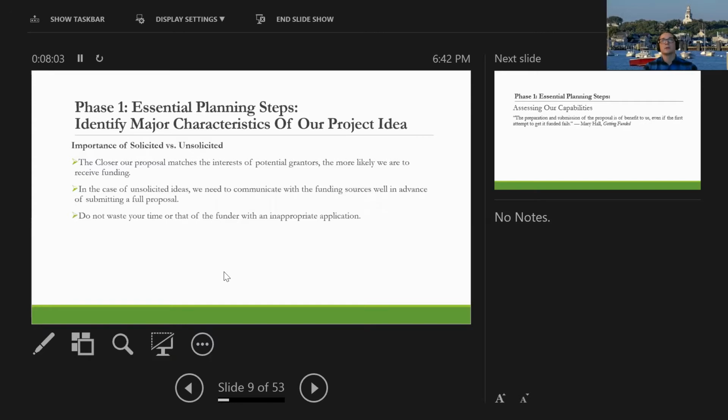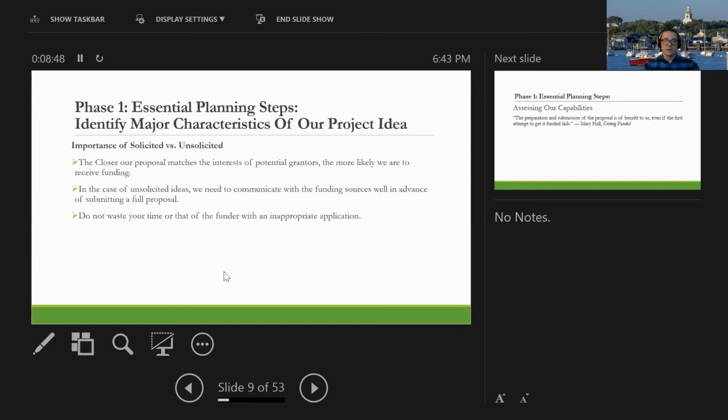If you haven't done the proper research, the proper stewardship with said foundation, and I'm going to continue to use a private foundation as our hypothetical example here, you really stand a high probability of not being awarded. Them just getting a cold solicitation, not an LOI, but just a proposal without prior contact, it's going to be hard to get that awarded. And so you really want to make sure you reach out to that funder and do your research in prior contact before you waste your time developing that proposal. A lot of that process is going to involve letters of inquiry.